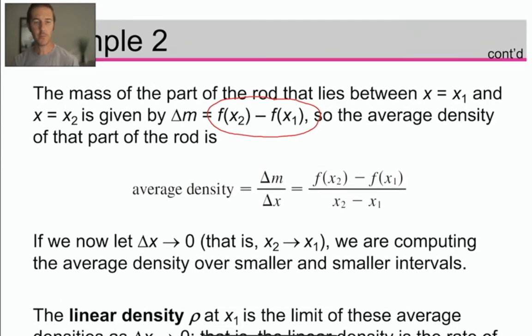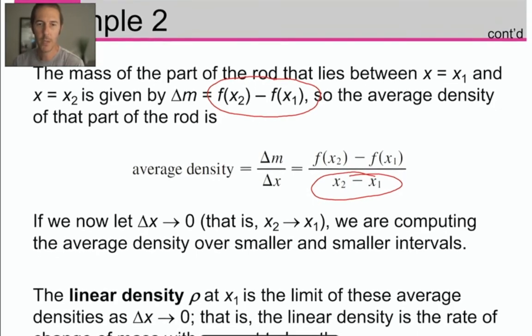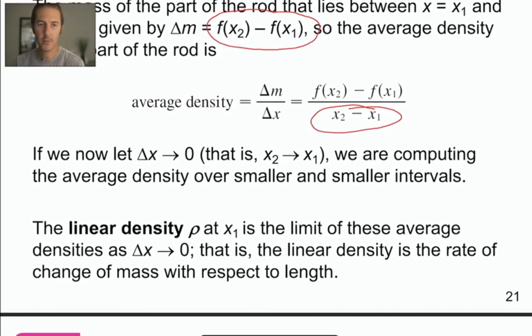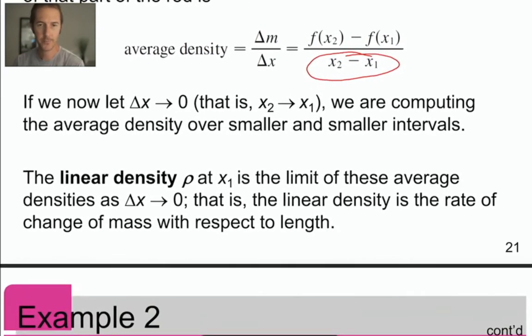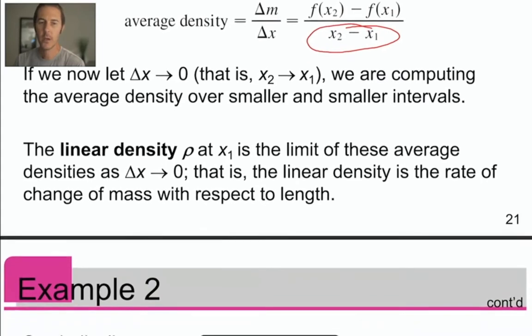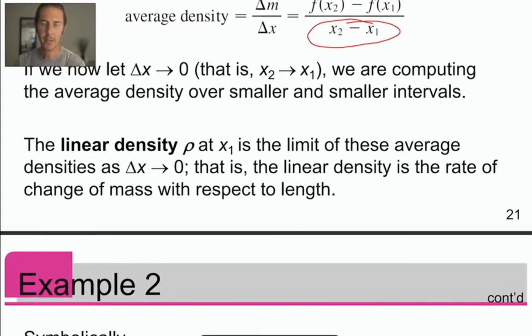Now if we compress that delta x value and send it down towards 0, as this denominator gets closer and closer to 0, as the two cuts in the rod get closer together, what we end up computing is the linear density at a single point. And we know that as we apply a limit and send h to 0, or the denominator to 0, or in this case delta x to 0, what we're finding is the derivative.